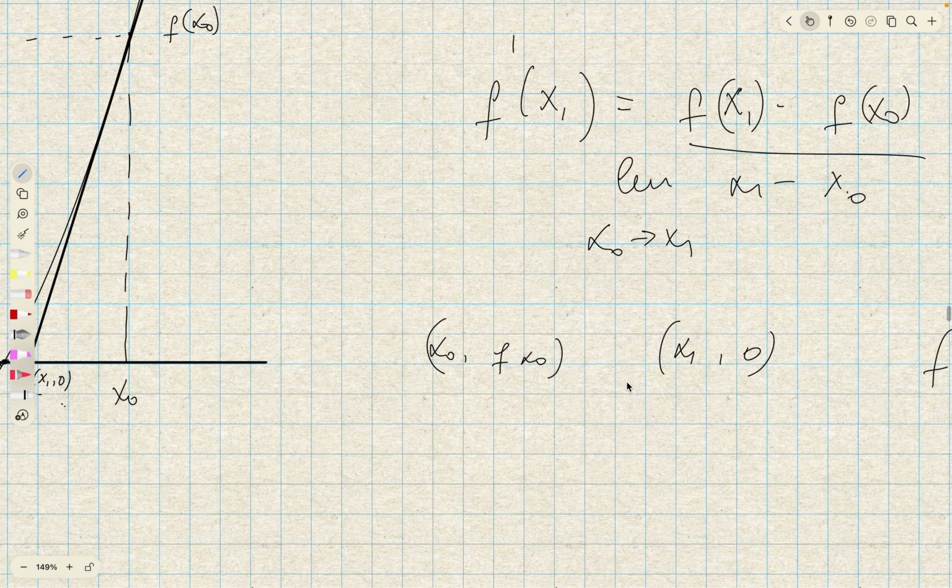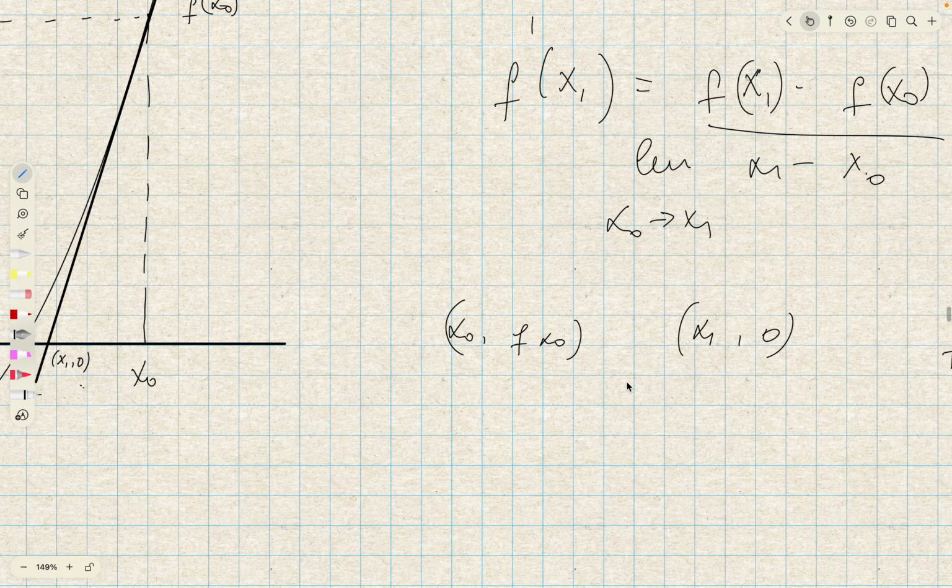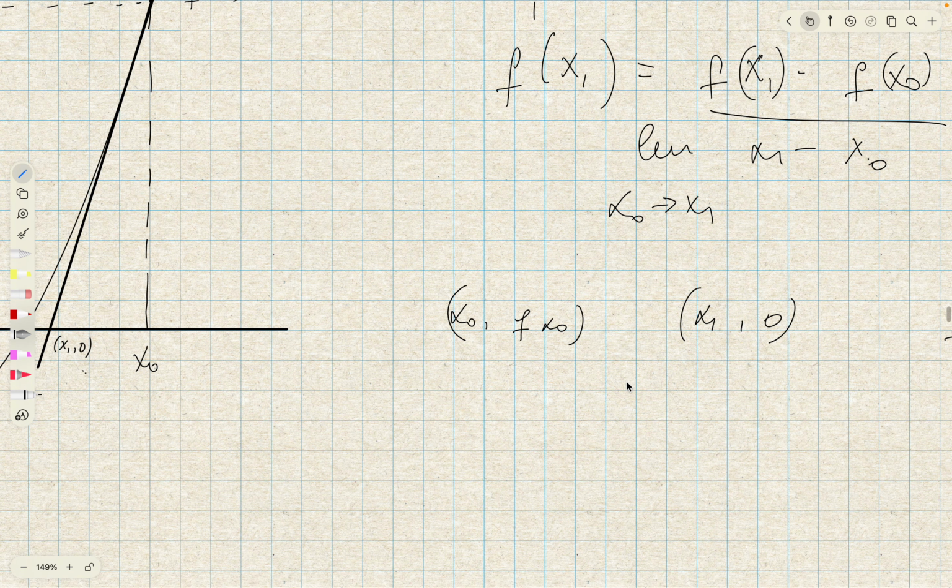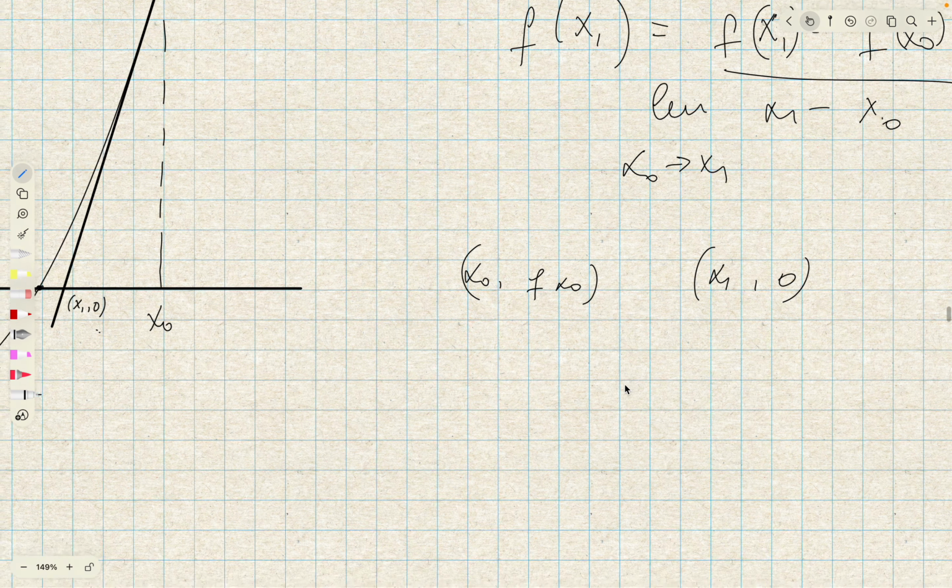So I want to remind you that we also have the formula for the slope that we can derive when we have the 2 points that this line passes through.